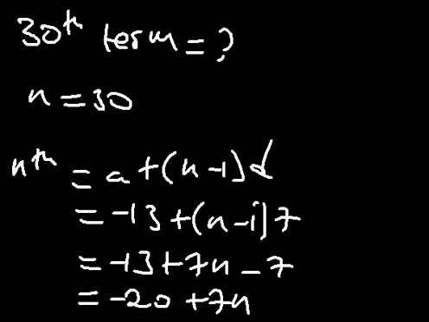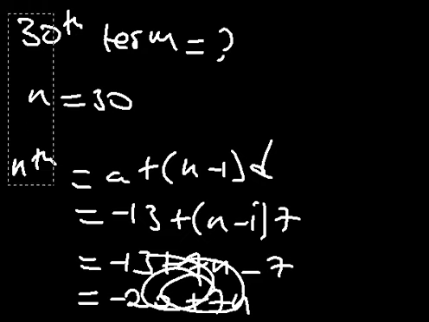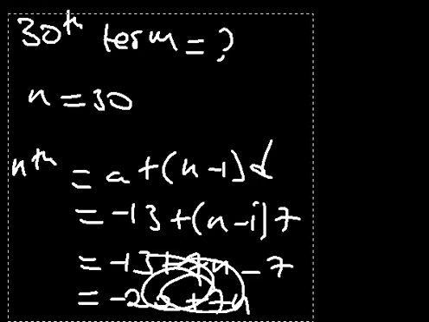Likewise, on whichever position, you will be able to have that out. Let's say what are the first 5 terms, so which means for the first term we'll have n is equal to 1, substitute. In the second term we'll have n is equal to 2, substitute. The third, as well as the fourth and fifth, you'll be able to have that out in that way. So take note of that.